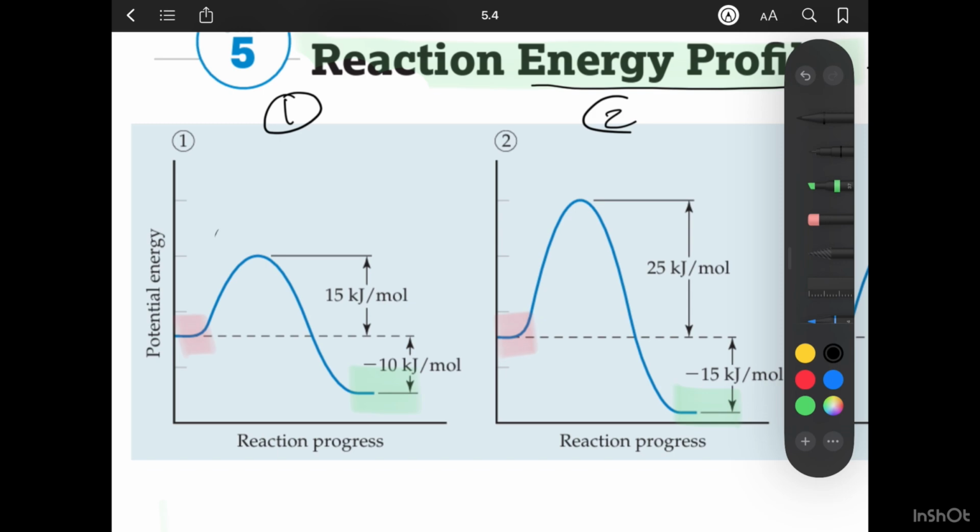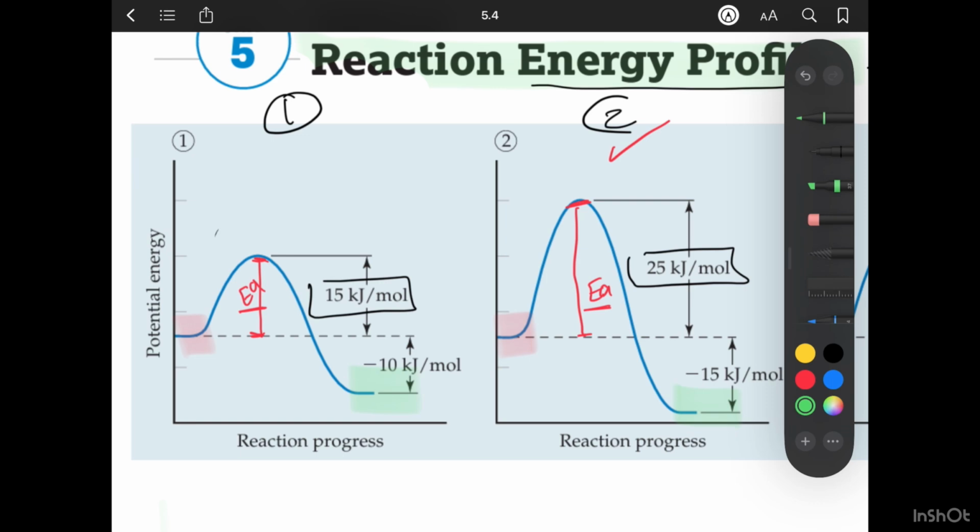But if we look at the activation energy for 1 and the activation energy for 2, my question is, which of these do you expect to be slower? Your answer is correct. 2 is slower because it has higher activation energy.